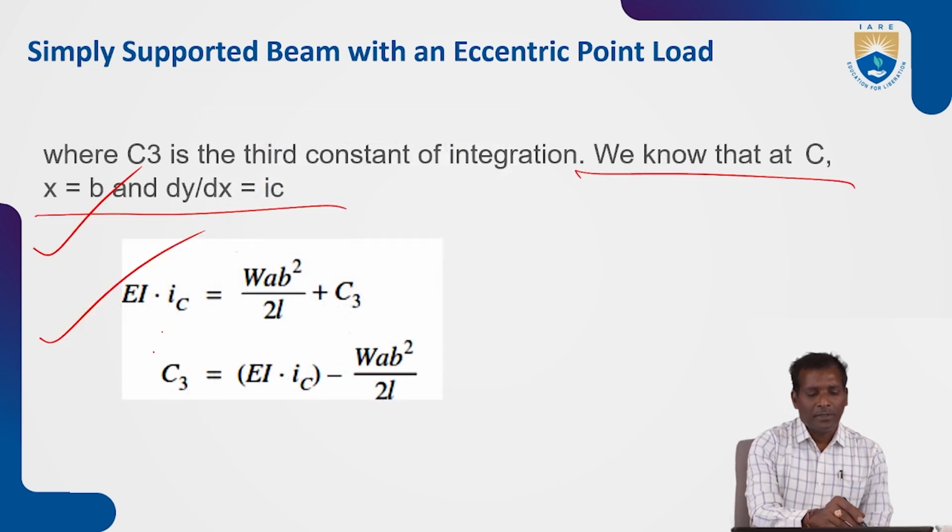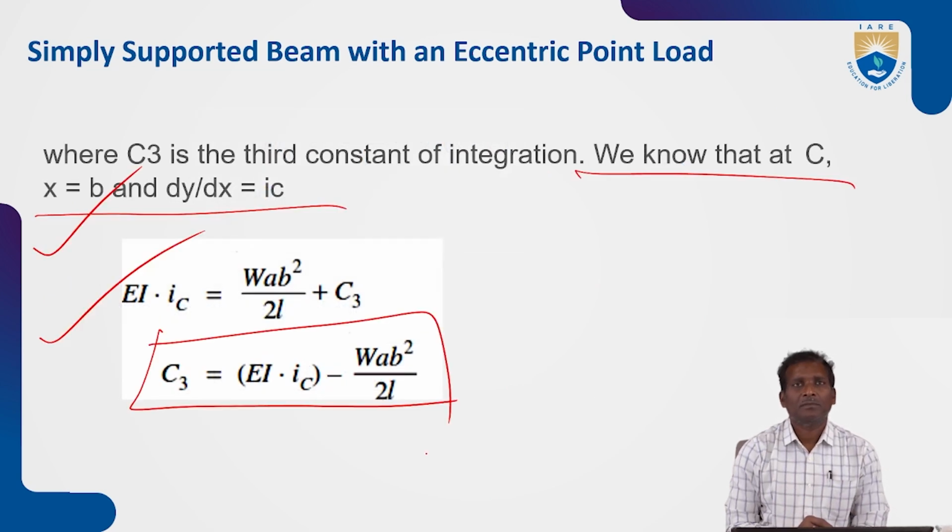Now find out C3. C3 is equal to EI into theta C minus WaB square by 2L.